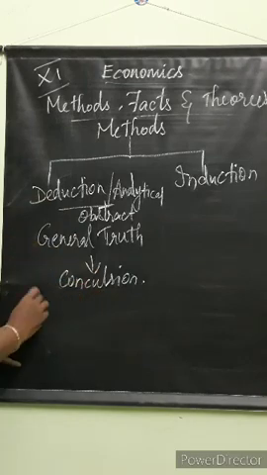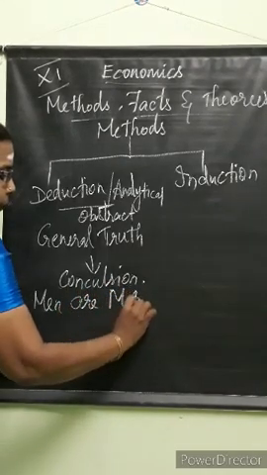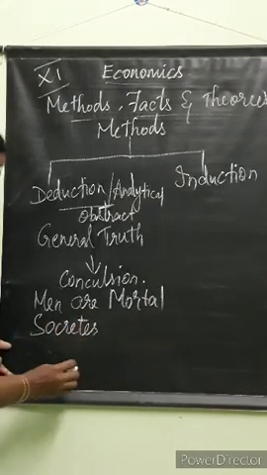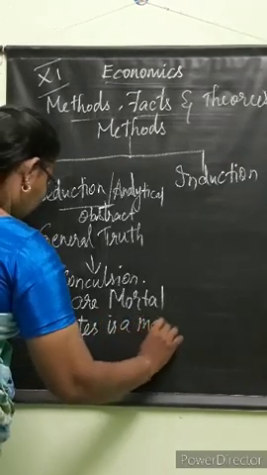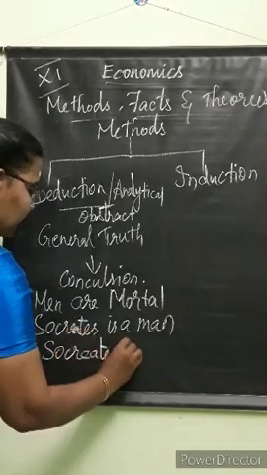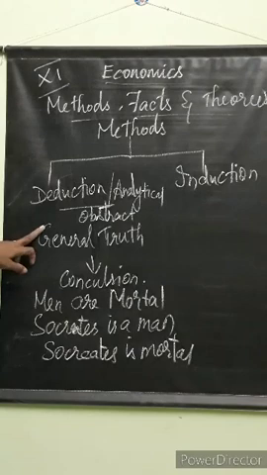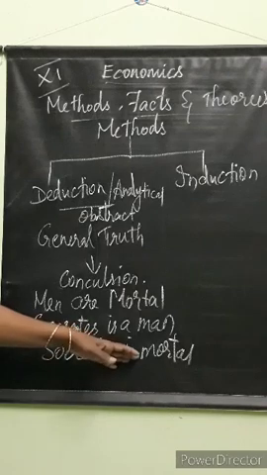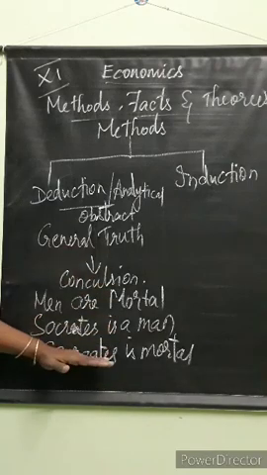For example, men are mortal. Socrates is a man. So, Socrates is mortal. From the general, we come to a conclusion. This is called a deductive method.